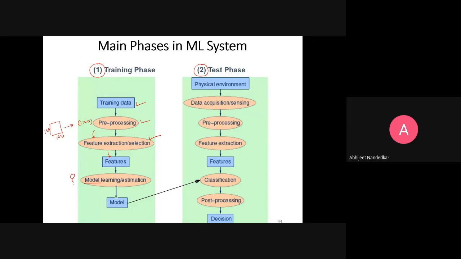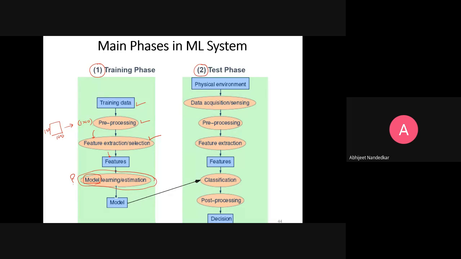This will define what kind of model you will use. Even within classification, you have to decide so many things before you do any processing of features. So this whole thing is a key factor in machine learning, and our focus should be here.